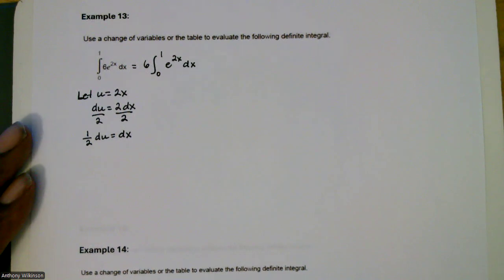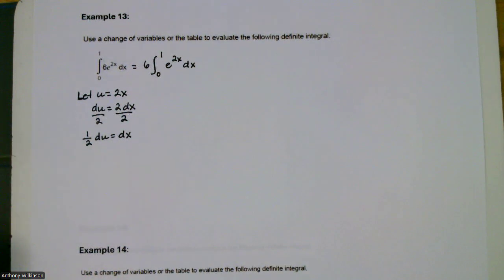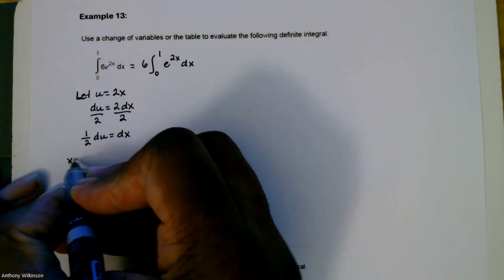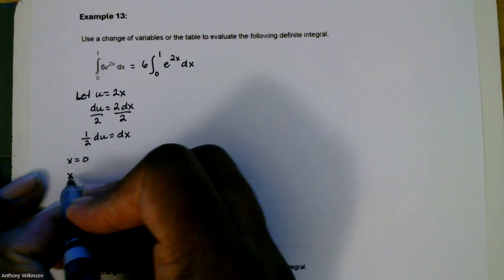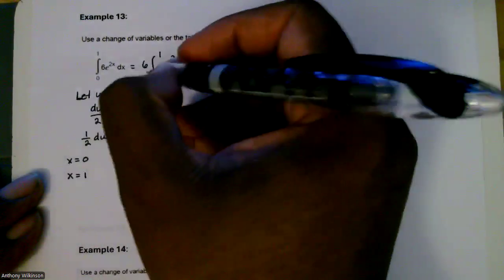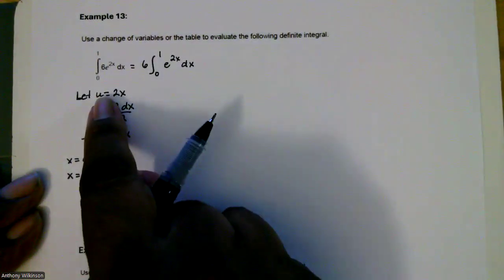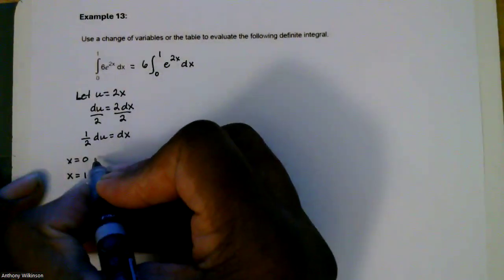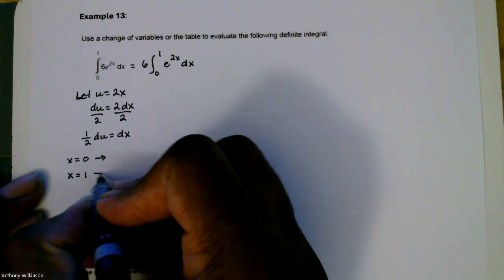Now, in this case, I'm going to change my limits of integration for u. Notice that my lower limit for x is 0, and my upper limit for x is 1. If I want them for u, I have to use the fact that u is equal to 2x, and just replace each x with those limits.